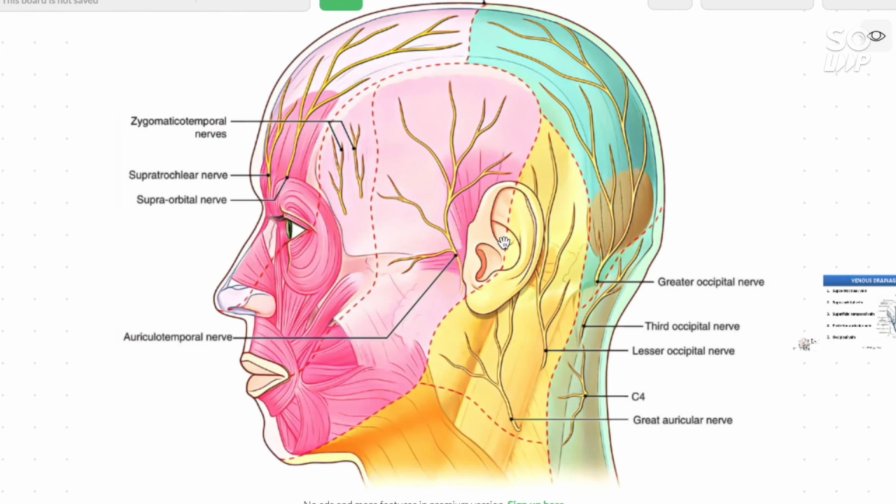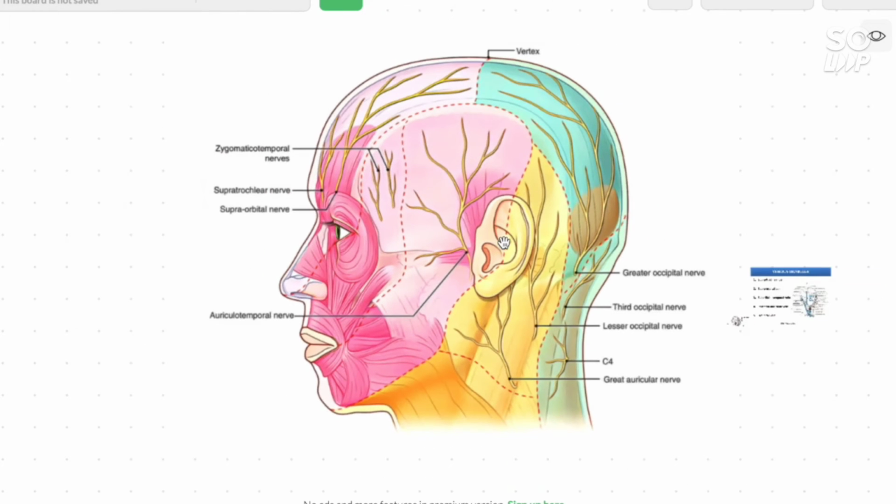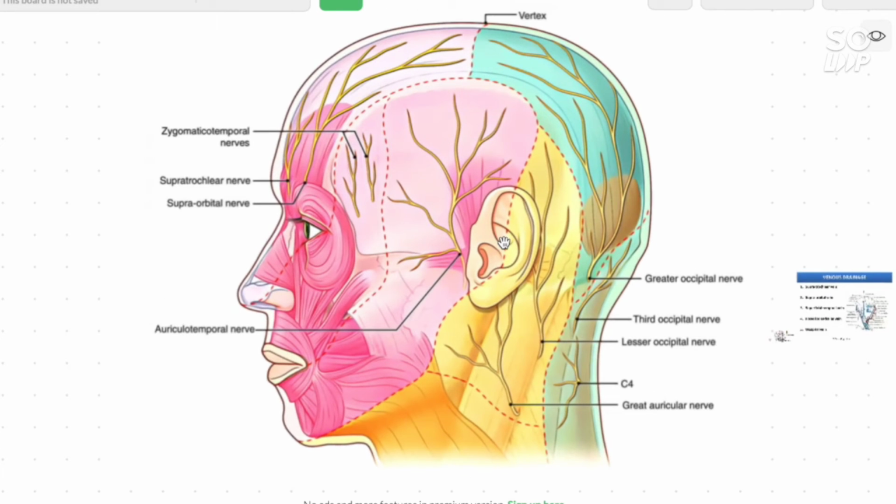There are four branches of the trigeminal nerve: the supratrochlear nerve, the supraorbital nerve, the zygomaticotemporal nerve, and the last branch of your trigeminal nerve, which is the auriculotemporal nerve.